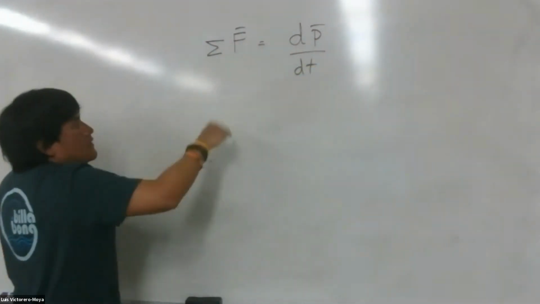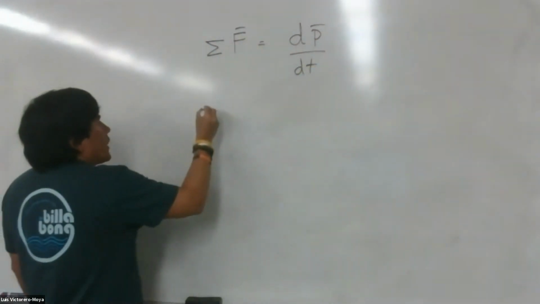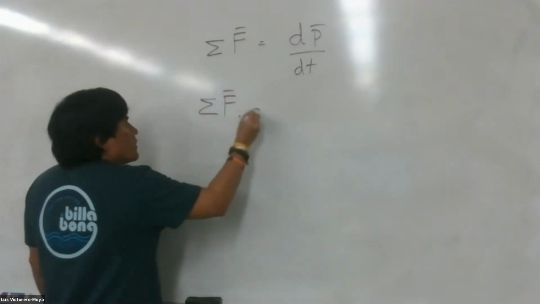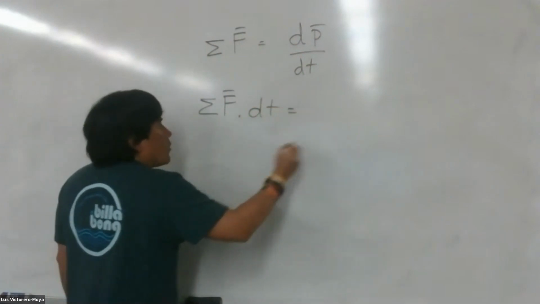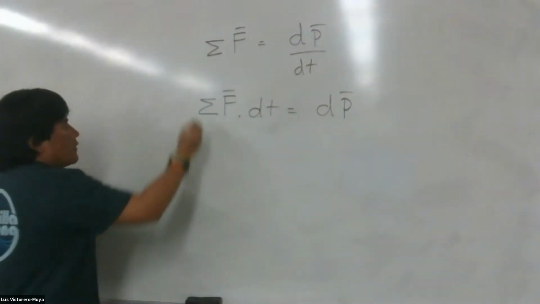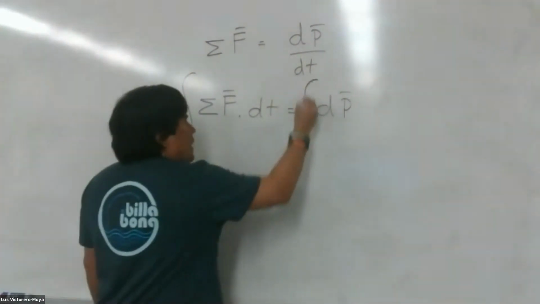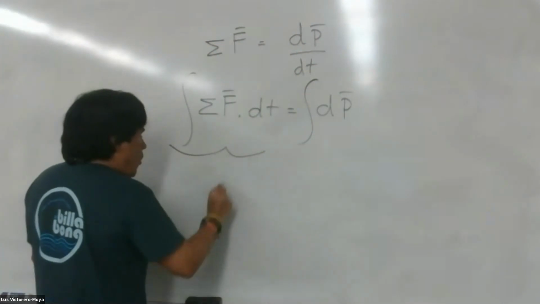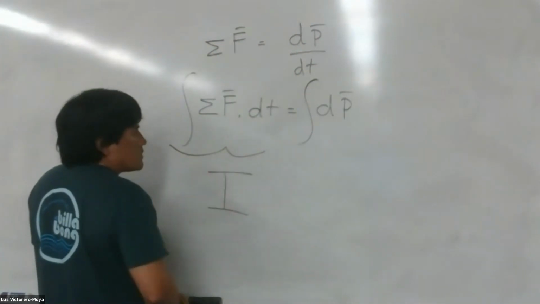If you multiply by dt and apply the limit, you will get that the sum of forces dt equals d momentum. If you integrate on both sides, then this is called the impulse.